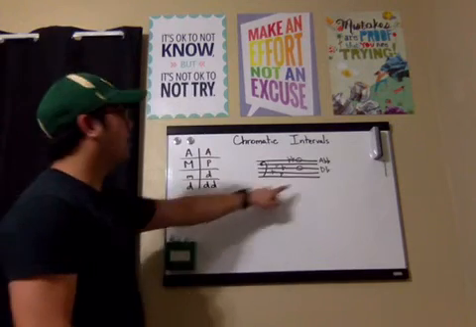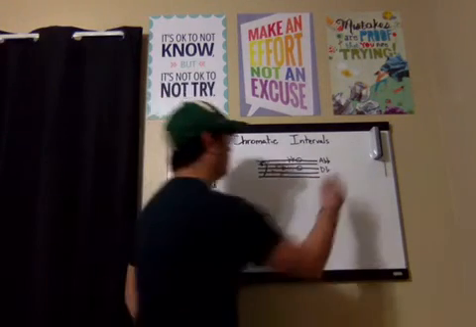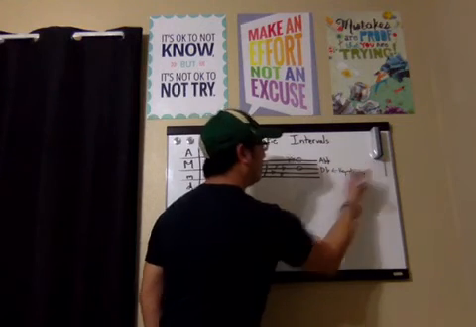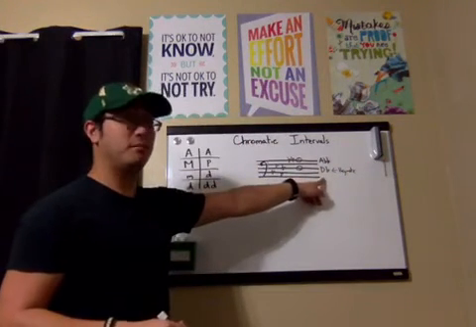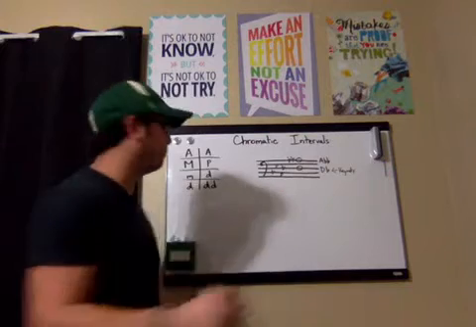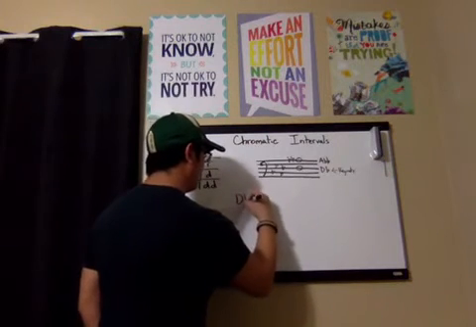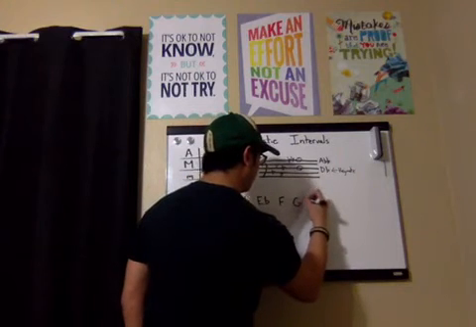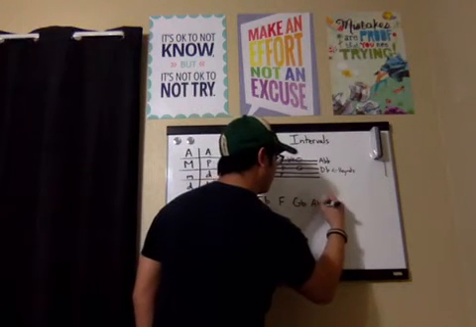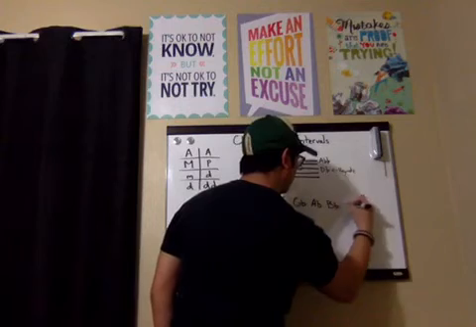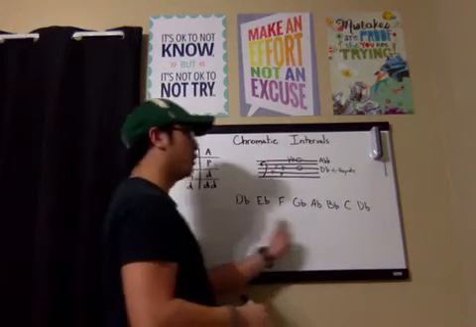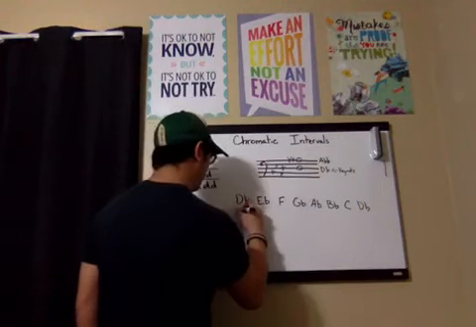Step 2. Identify the keynote. Step 3. Build the keynote's major scale. Step 4. Label your diatonic intervals.